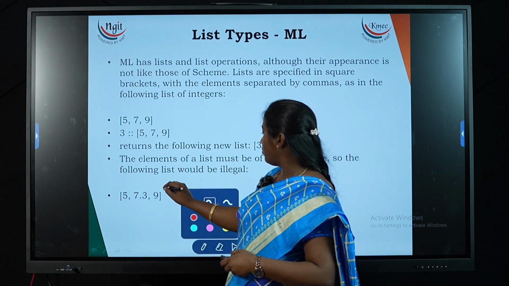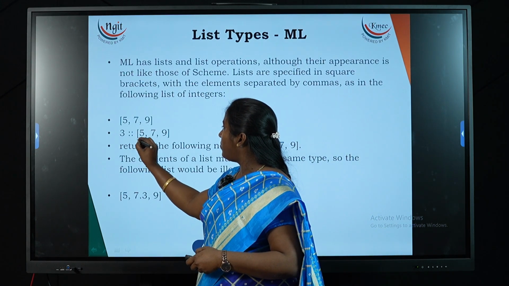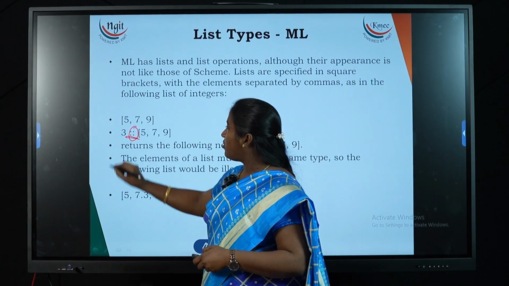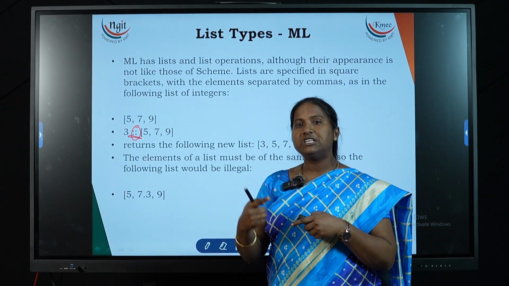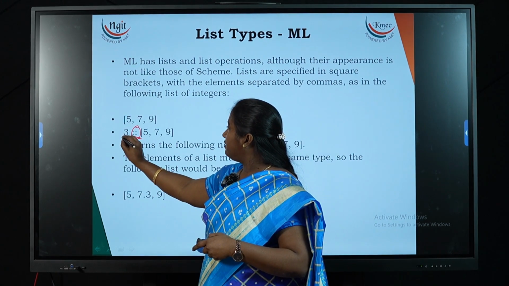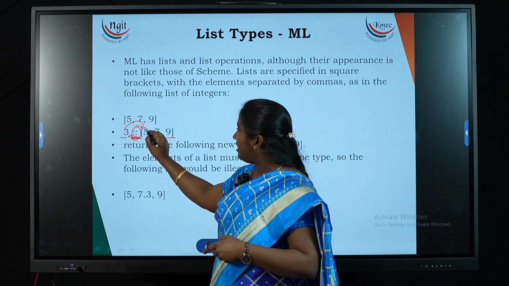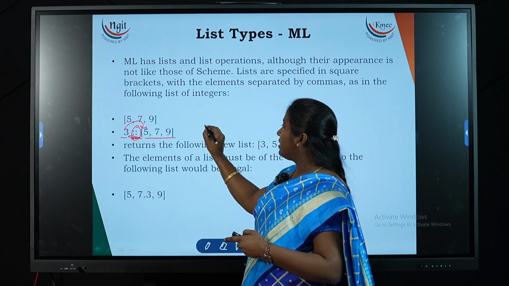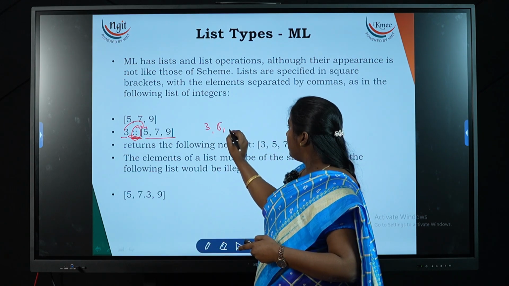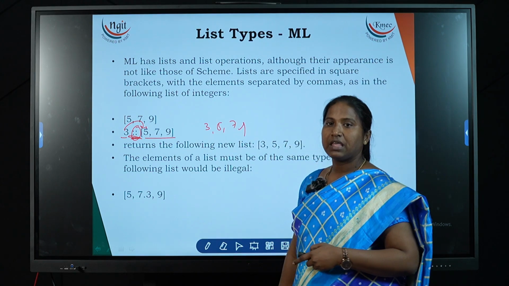Using this operator, I can add elements into the list. If I write 3 binary infix 5, 7, 9, 3 will get added into the list. Now your list will become 3, 5, 7, 9. Fine.